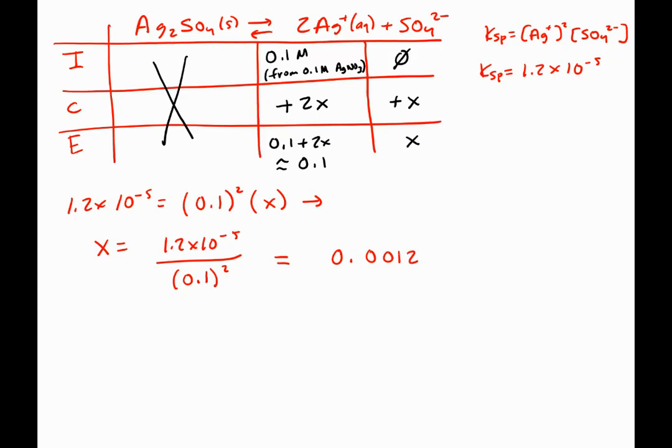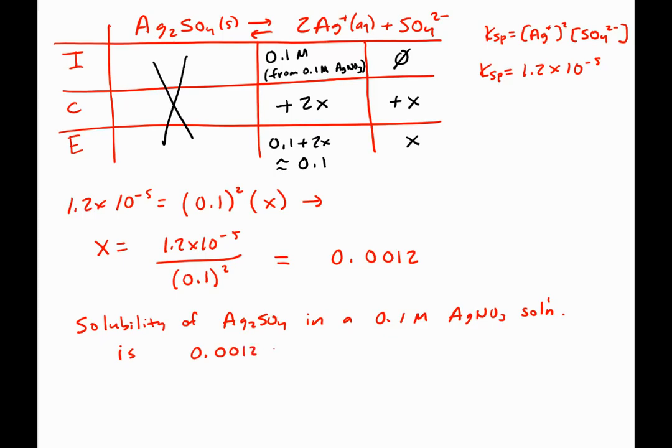And so what this means is that the solubility of Ag2SO4 in a 0.1 molar AgNO3 solution is 0.0012 moles per liter. You could dissolve 0.0012 moles of silver sulfate into a liter of 0.1 molar AgNO3.